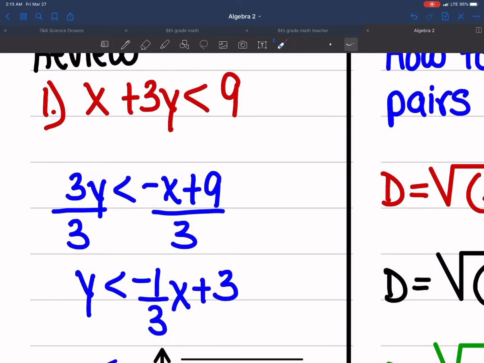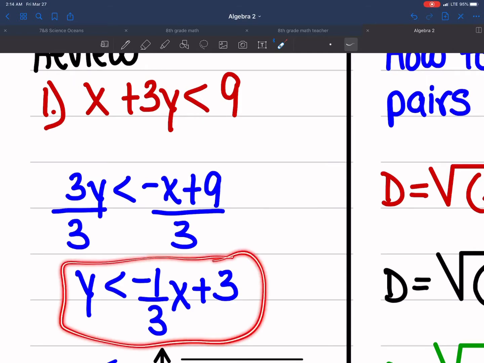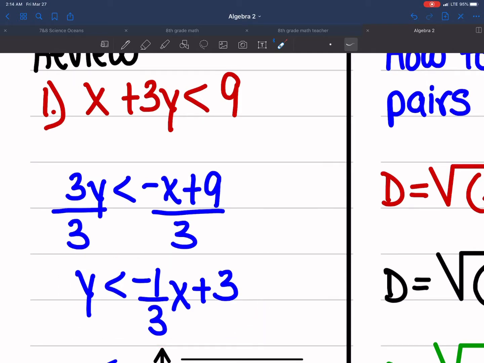Remember there is an understood 1 there. That leaves us with negative 1 over 3 x plus 3, since 9 divided by 3 is 3. We have now turned the equation to slope-intercept form, and now we can graph it.